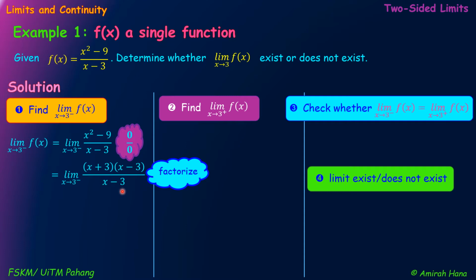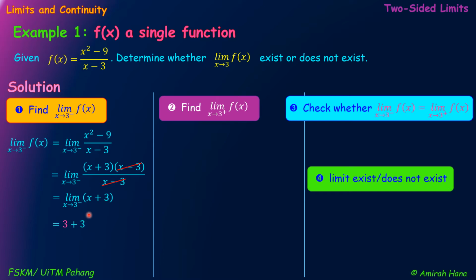Then we can simplify x minus 3 in the numerator and x minus 3 in the denominator. After that, we get limit x approaches 3 from the left, x plus 3. From here, we can solve using direct substitution.